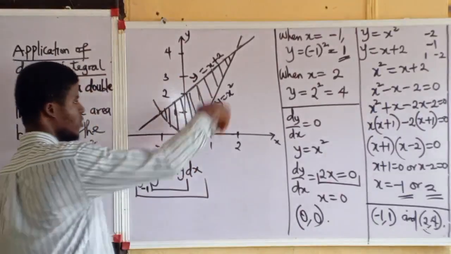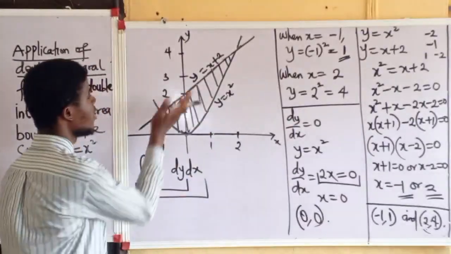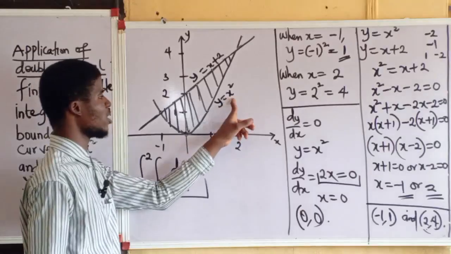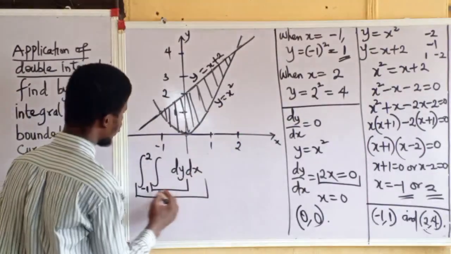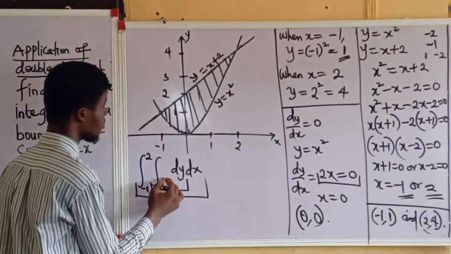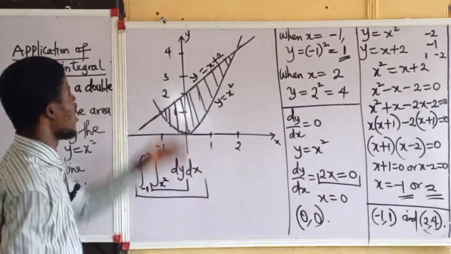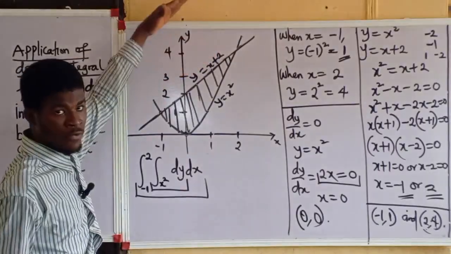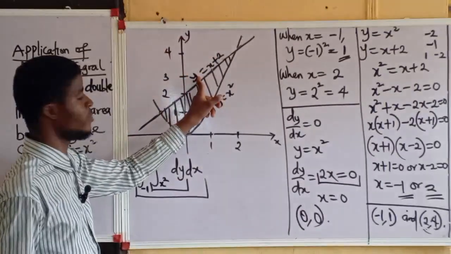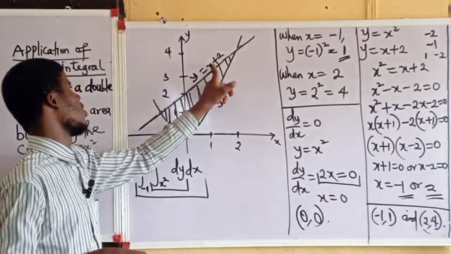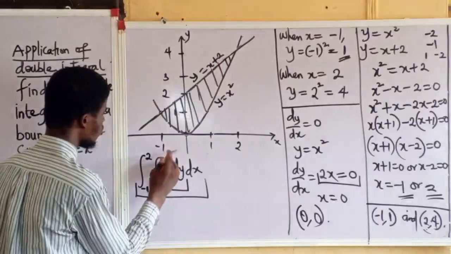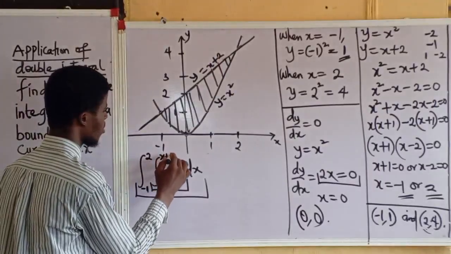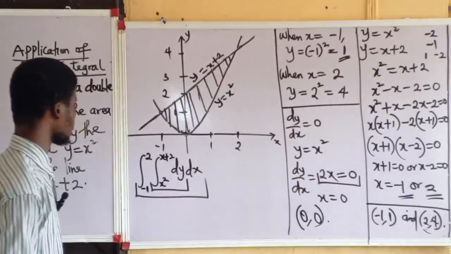Because the curve is below the line, if I make y the subject of the formula from here, I'll be having x squared. This x squared will form the lower limit. And because the line is above, if I make y the subject of the formula from that equation, of course we have y equal to x plus 2. x plus 2 will be the upper limit.